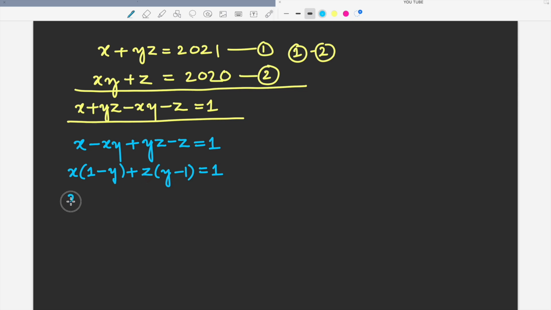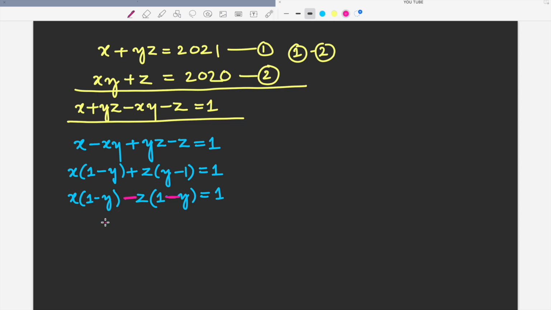So that's x times 1 minus y minus z times 1 minus y equals 1. I just changed the signs here. So y has been changed to negative and minus 1 is changed to plus 1. These are the two things I did here.